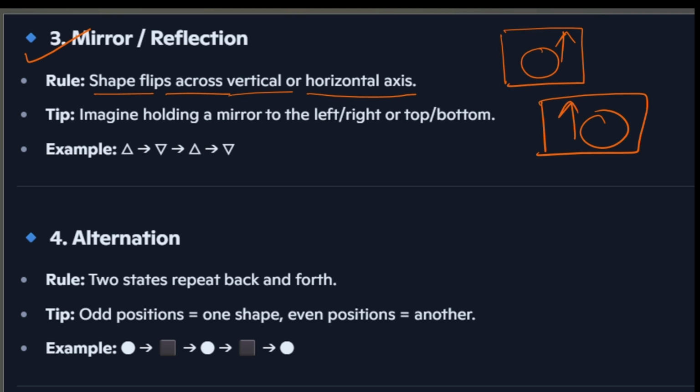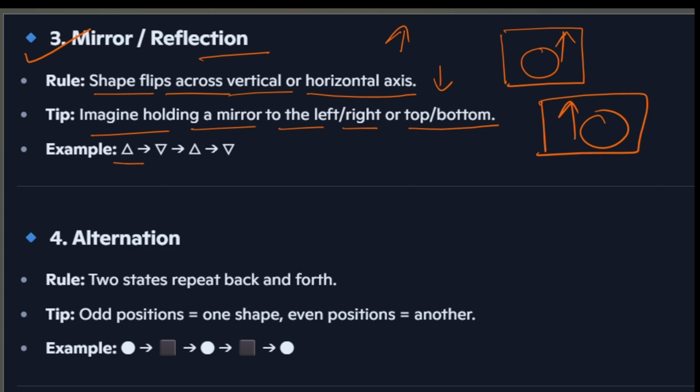So there is basically a reflection. Imagine holding a mirror to the left, right, or top, bottom. If there is something on top, there is something on the bottom. So in a flip reflection, the opposite sign would be shown.